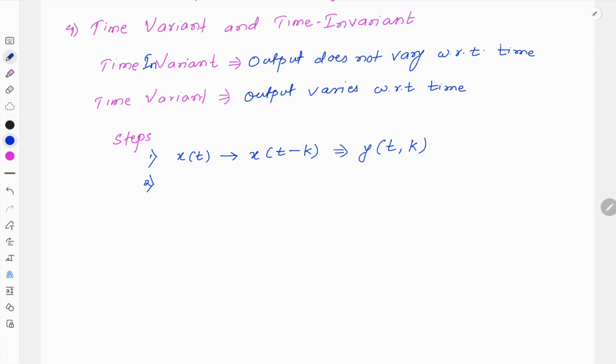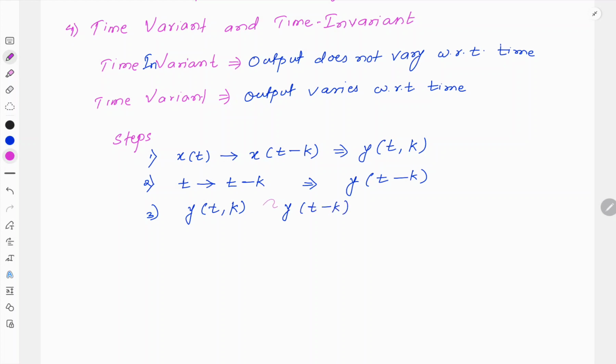Second, replace in the original equation t with t minus k to get y of t minus k. Step number 3, compare y of t comma k with y of t minus k.